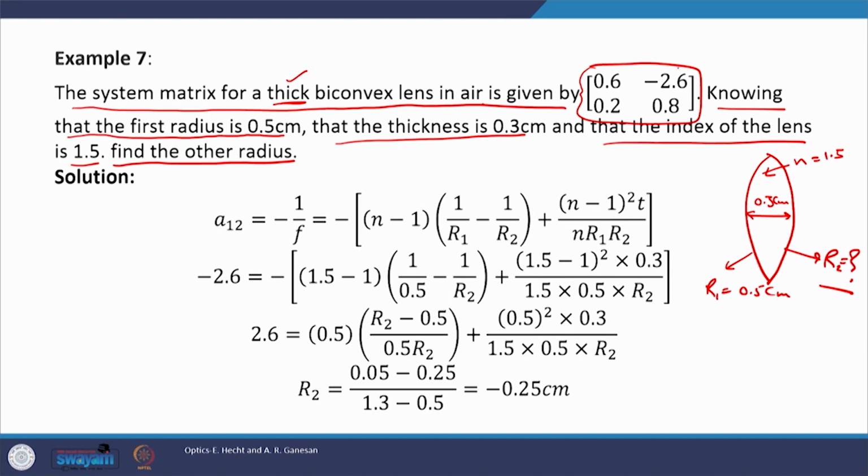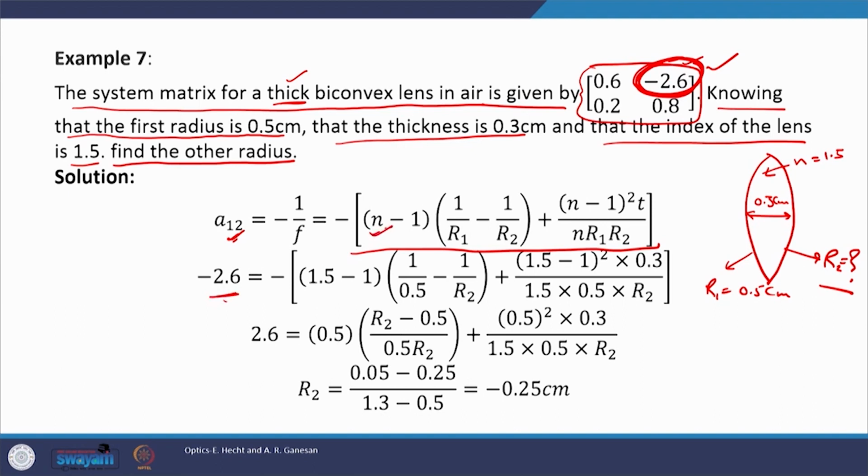The radius of curvature of the right refracting surface is being asked. The system matrix is given, and the term sitting in the corner has the information of focal length. A12, this corner term, is equal to minus 1 by f, and we know the formula for a thick lens which we just used in our previous example. We write this formula here. The value of A12 is known from the system matrix, which is minus 2.6.